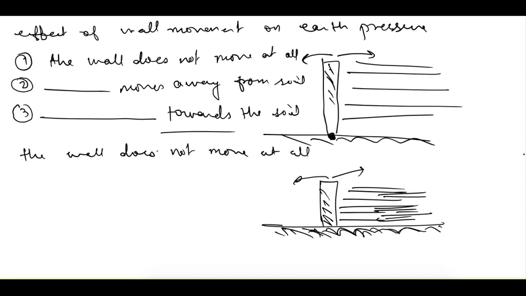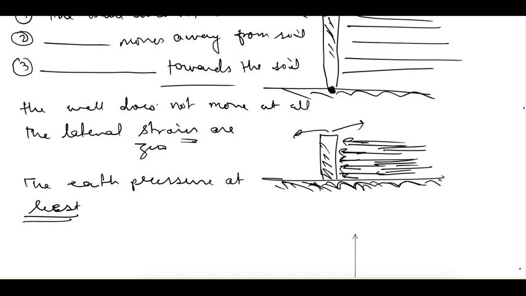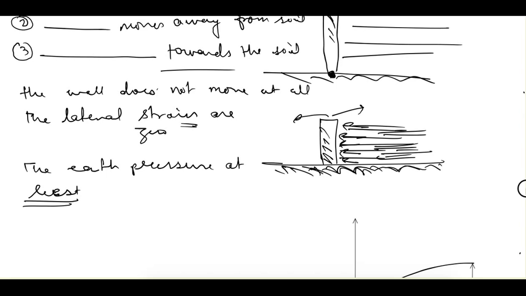If it does not move, that means the lateral strains are 0, because zero displacement is taking place. If no displacement is there, the lateral strain is 0. Now the earth pressure which is applied by the soil on the wall in this condition is called the earth pressure at rest.